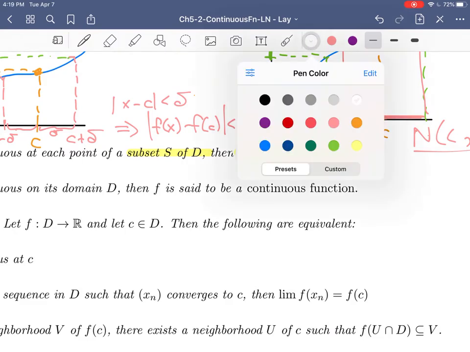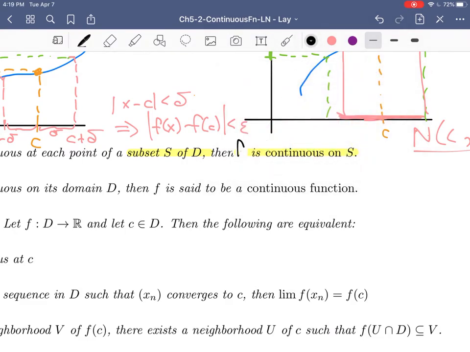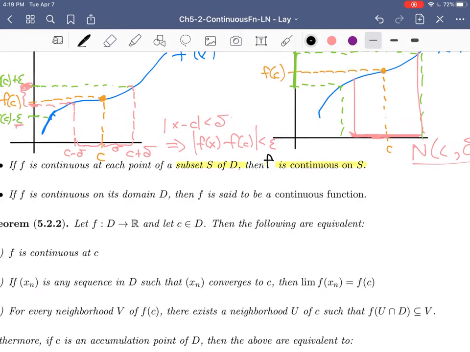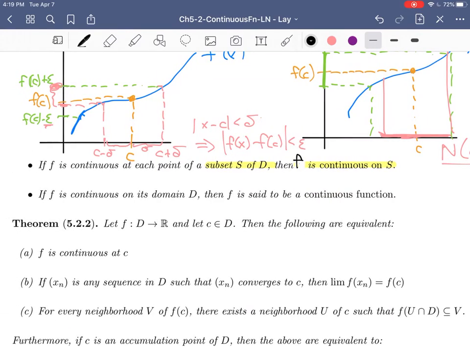So then we have f is continuous on S. And we could also say things like, if it's continuous on its entire domain, then f is actually a continuous function.